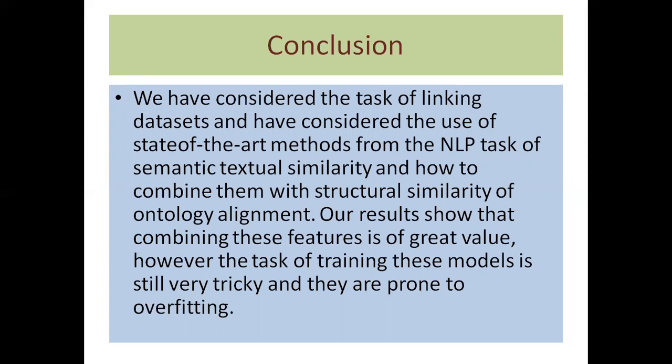However, the task of training these models is still very tricky and they are prone to overfitting. In this session, I want to say that the terminology of semantic textual similarity is very easy to understand, but the main problem is identifying the similarities between the two entities; it is somewhat tricky.